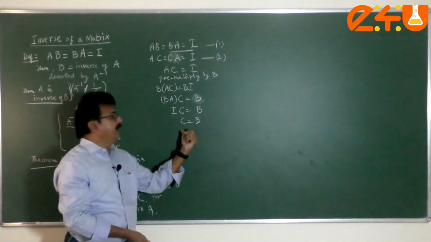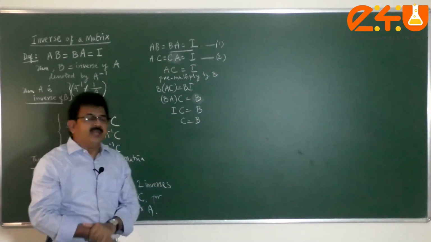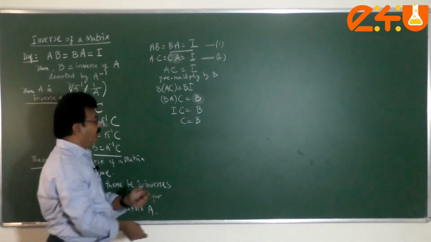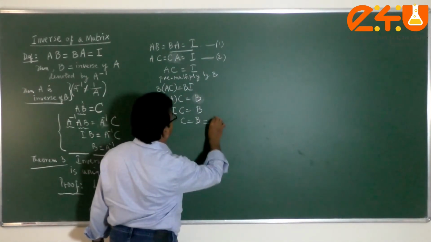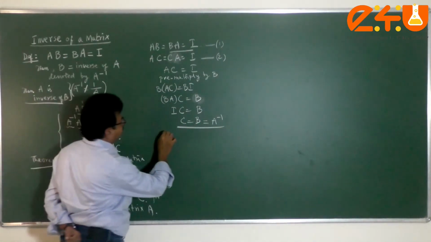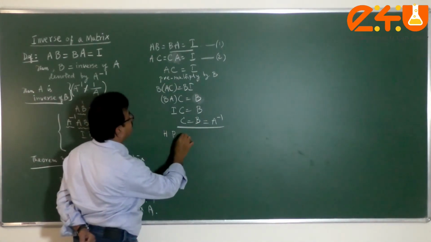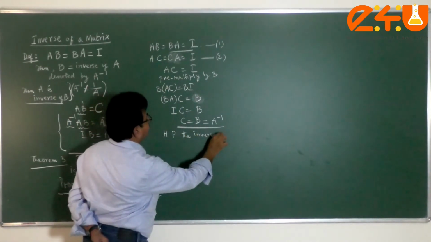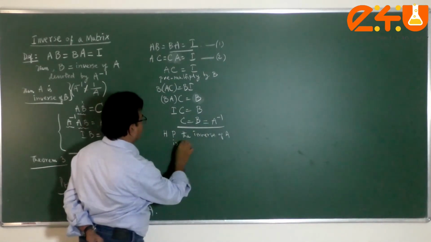So C is not another new inverse, it is the same as B matrix, which is the original inverse. So both of them coincide, both B and C. So this proves, you can say hence proved, the inverse of A is unique.